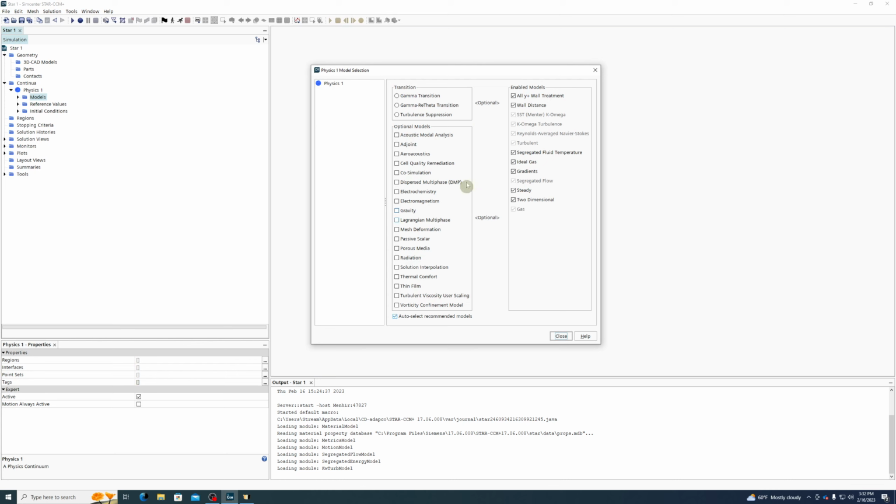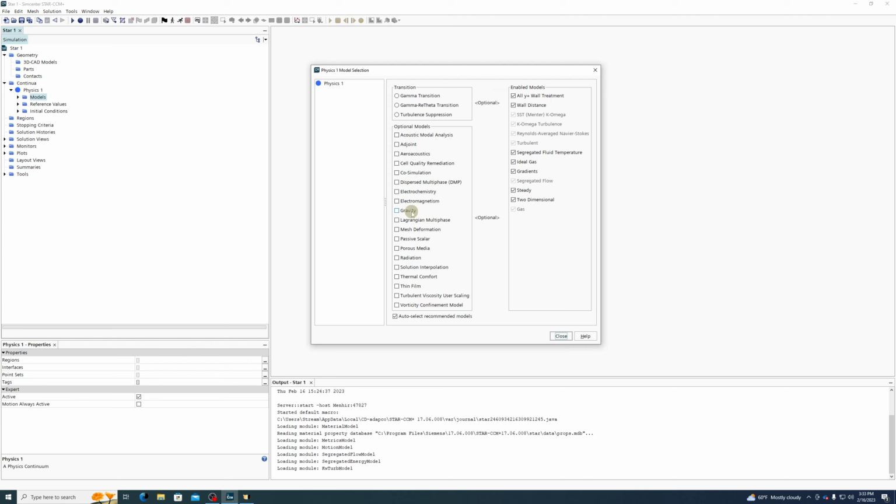And down here we have a whole bunch of optional models. These do many different things. I'm not going to go through all of them, but there are a couple that may be important. The first one that's most likely to show up is gravity. If you have buoyancy effects due to flow, heating, or cooling, buoyancy effects can matter. If you have flow that is significantly moving against gravity, or with gravity, you might want to account for the effect of gravity on that flow.